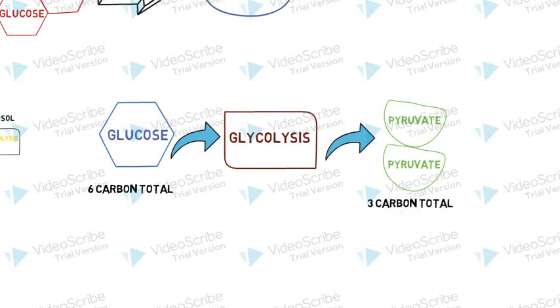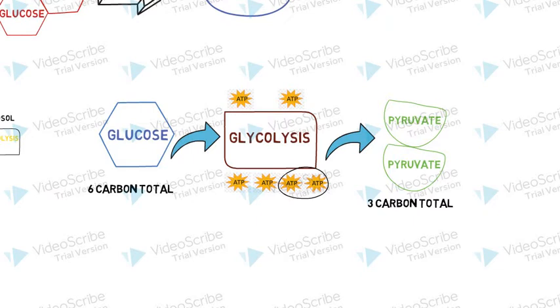These pyruvate molecules have 3 carbons each, so the 6-carbon glucose becomes two 3-carbon pyruvates. During glycolysis, 2 ATP molecules are invested and 4 ATP molecules are produced, so that's a gain of 2 ATPs. ATP is the energy currency in cells, so you can think of it like a gas can that provides the fuel to do cellular work.